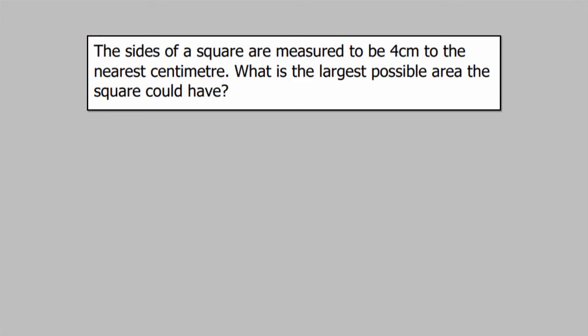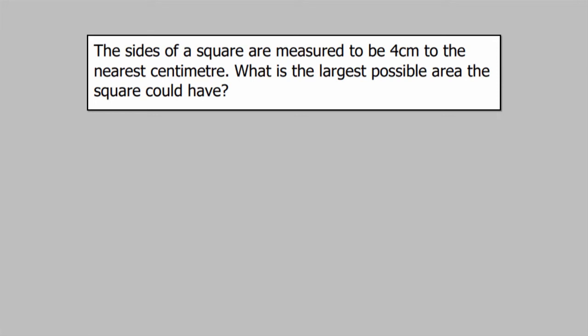The sides of a square are measured to be 4 centimetres, and they have been measured to the nearest centimetre. What is the largest possible area the square could have been? Well, to find the area of a square, we multiply the side by itself, or we square the side, and we're looking for the largest possible area.